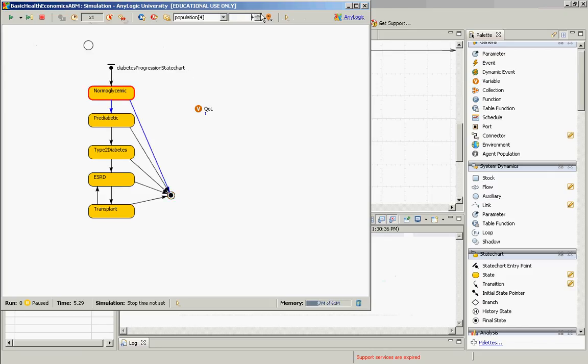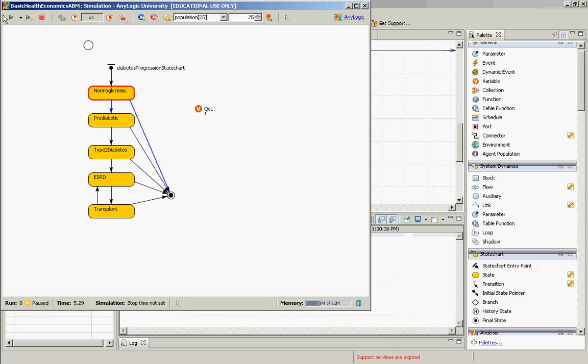In fact, a large number of people who remain normal glycemic, and some people who are pre-diabetic. For example, this individual. And you'll notice that their quality of life differs on a per individual basis. Normal glycemic individuals are associated with a very high quality of life. So by circulating through here, we can get a sense of the population.